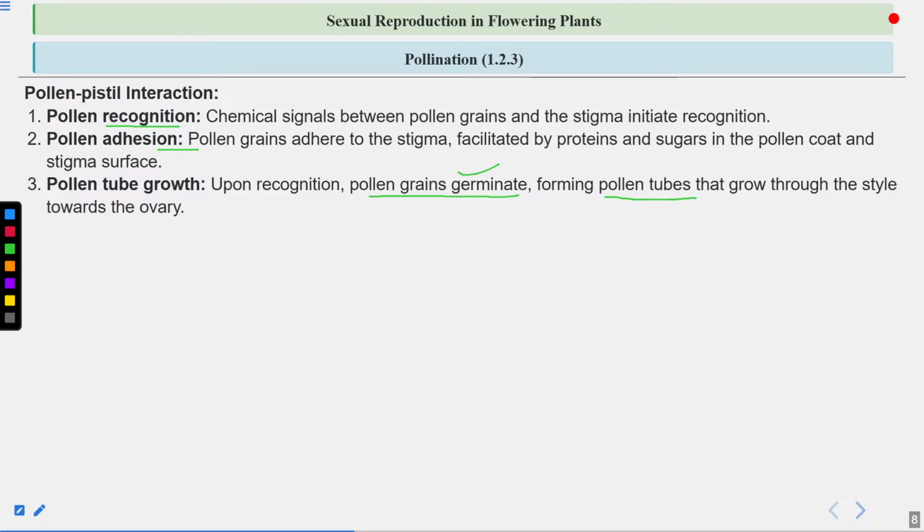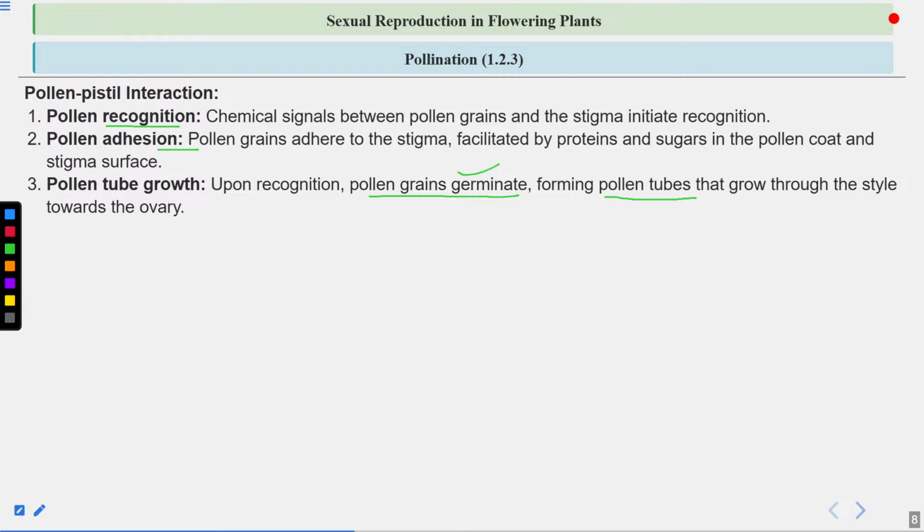But at some places, this sporopollenin is very less or absent. So when it is absent at one particular point or two or three points, that point is called a germ pore.